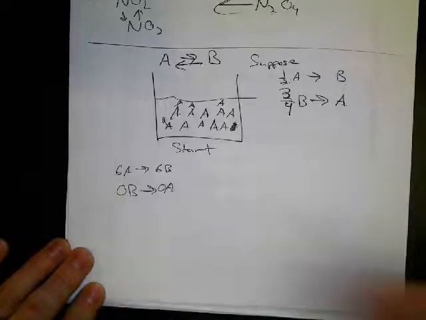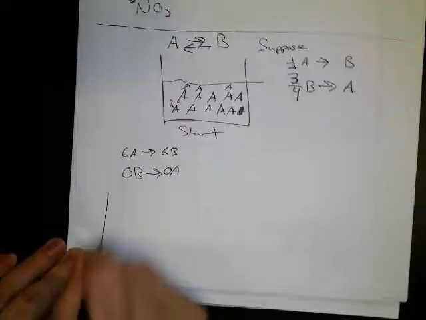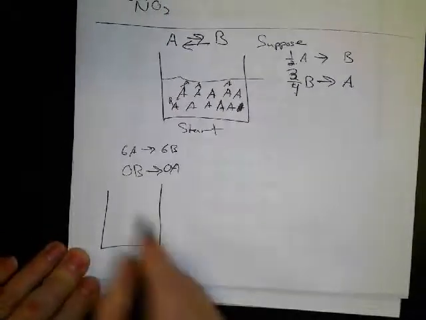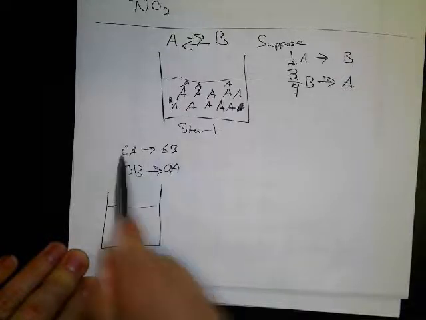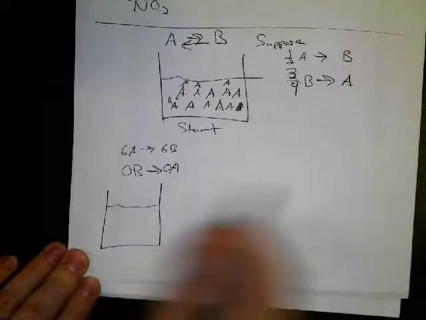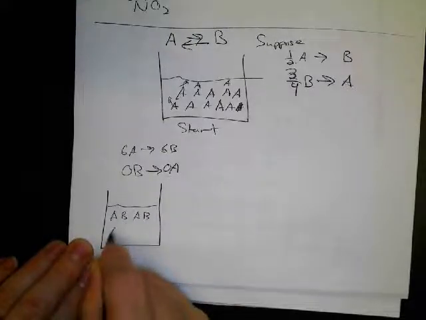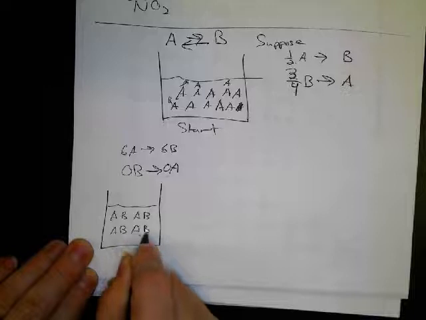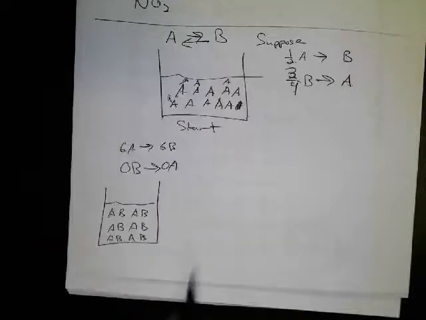Let me draw the new situation. 6 A's have turned into B's, leaving 6 behind. None go backwards, so I would have 6 of each at the end of that first time window.